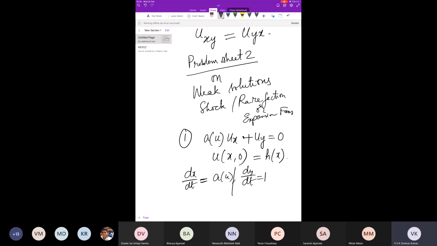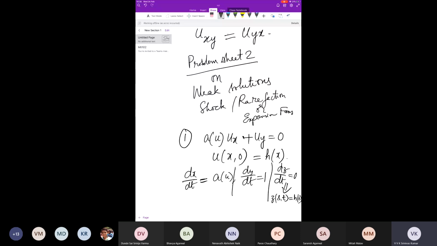That constant will be equal to h(s). So this will give us y is equal to t, and this you can differentiate.